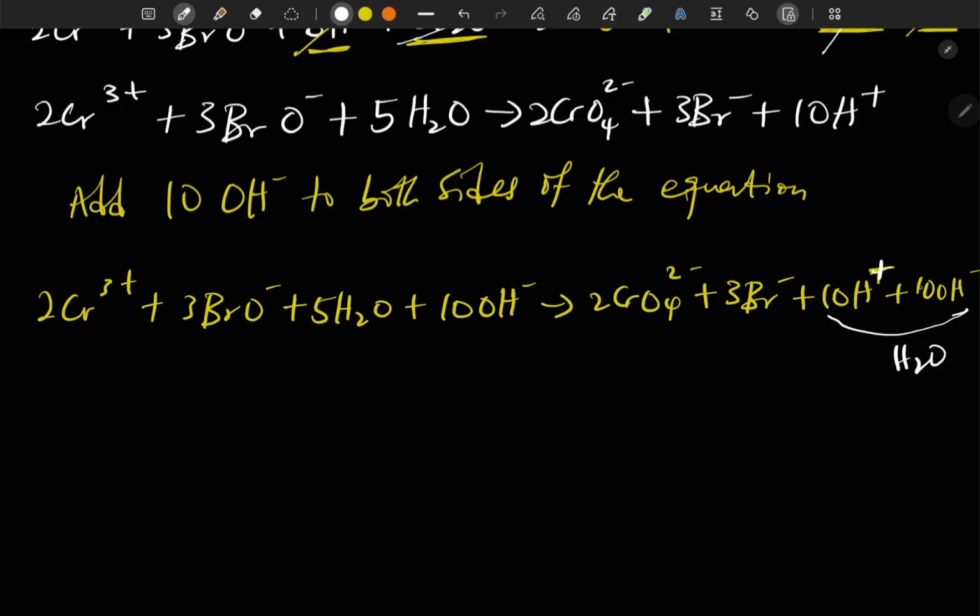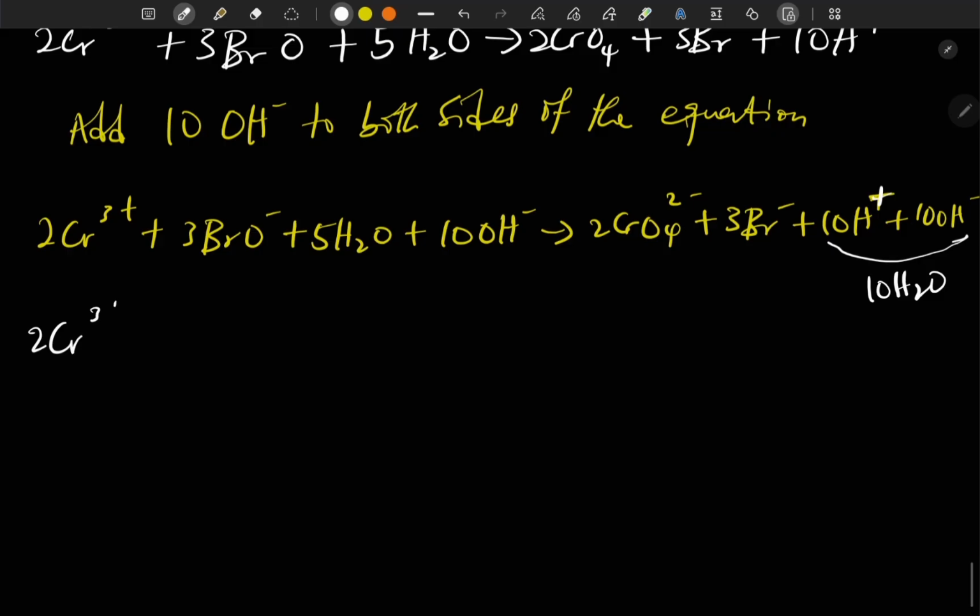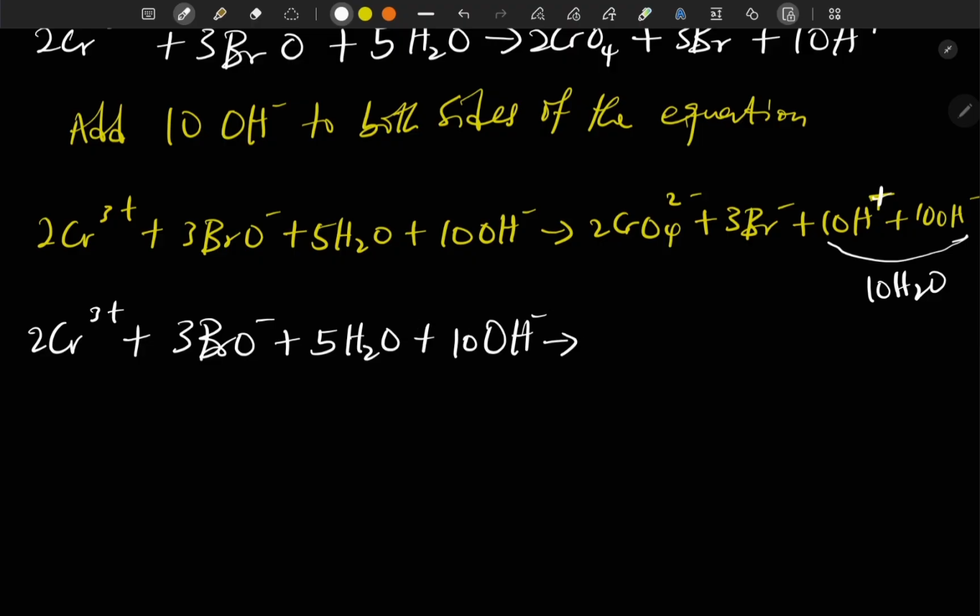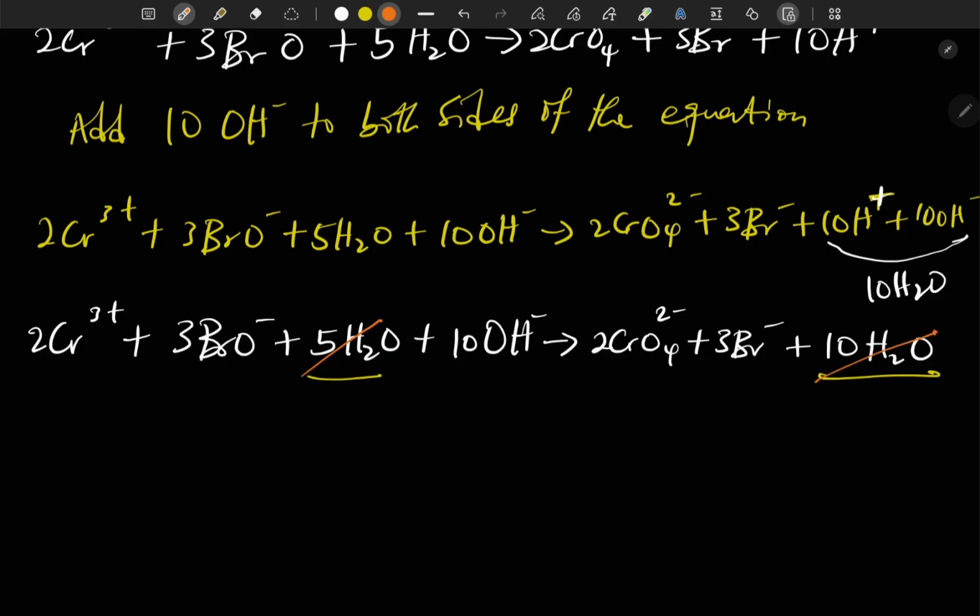So 10H+ plus 10 OH- will give us 10H2O here. But we can reduce the number of water we have. We have 5H2O at the left hand side, we have 10H2O at the right hand side. If we remove 5 out of 10H2O here, we'll be left with 5H2O.